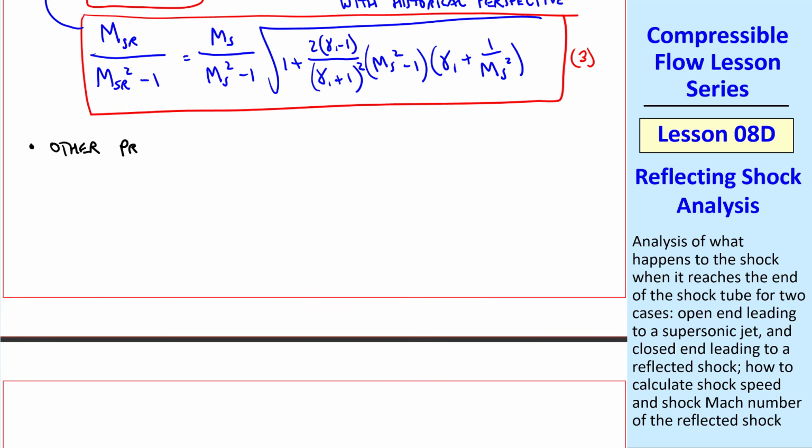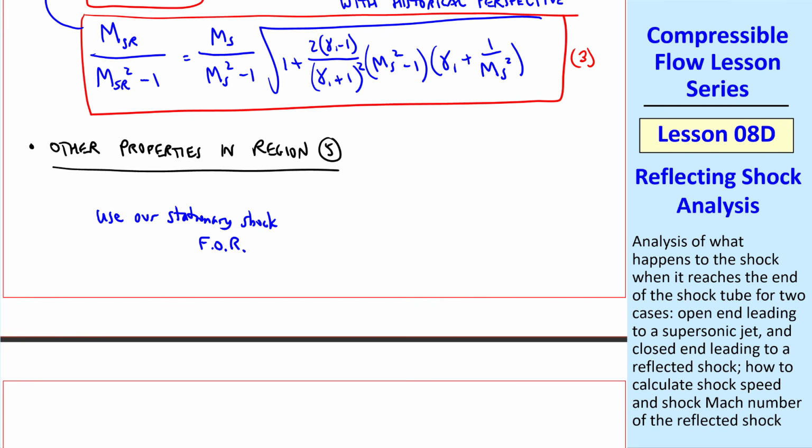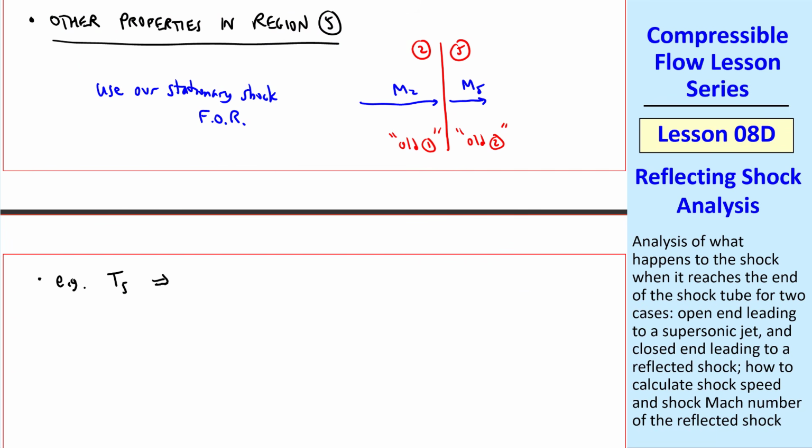What about other properties in region 5? Well, again, we'll use our stationary shock frame of reference, where we have M2 and then across the shock M5, but our shock equations are in terms of region 1 and region 2, so we have to be very careful with our subscripts, where we have our old 1 and our old 2 being now 2 and 5. So for example, we can calculate T5, the temperature, as the ratio T5 over T2 times T2, where T2 is known, from our old shock equations for T2 over T1, which is now T5 over T2.